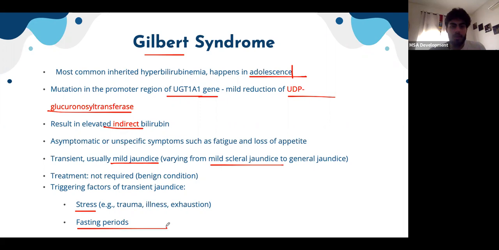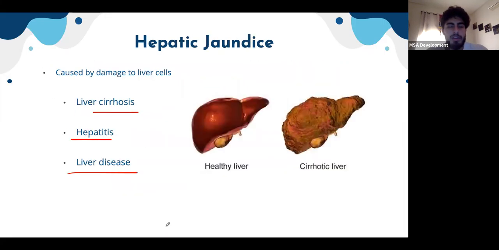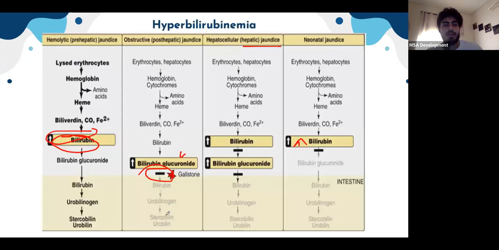Okay, I want to reiterate a point here, which is the difference between the different types of hyperbilirubinemia. When we're talking about prehepatic, we're talking about the increased production of unconjugated bilirubin while the cycle is still going.